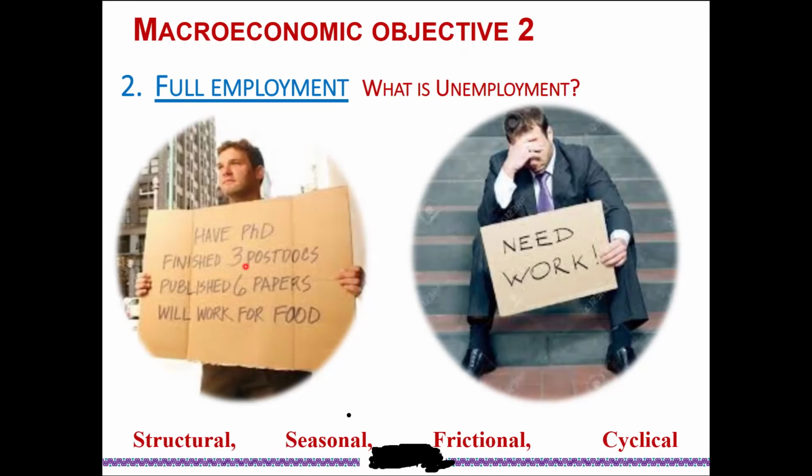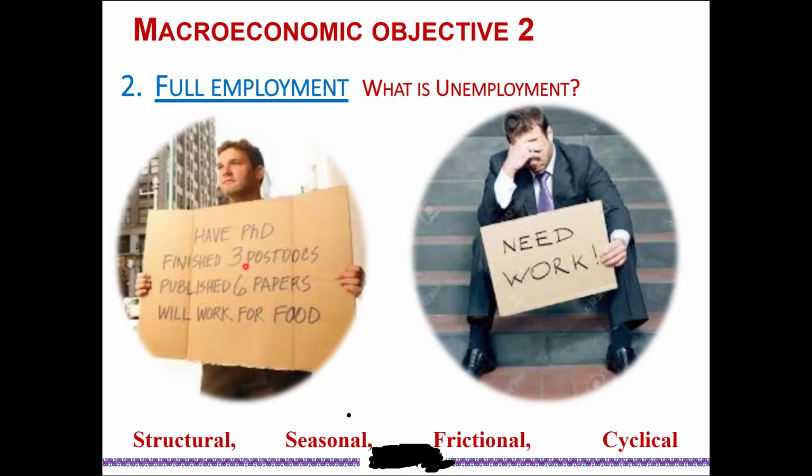We also have seasonal unemployment. Seasonal unemployment occurs basically in certain seasons. Some people only get employed during December, some only during Easter. And then frictional unemployment occurs because people are moving in and out of jobs. It can be because they are looking for better opportunities or your contract expires, so now you need to find another job.